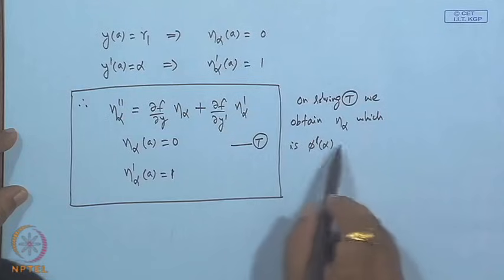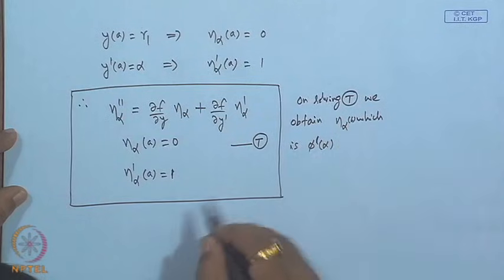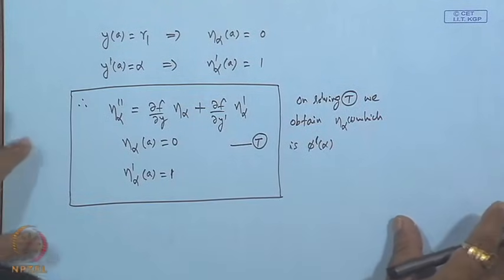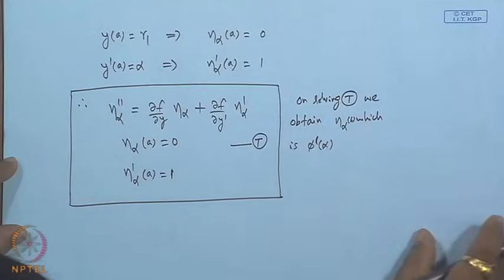Of course, with B, right. So, this gives a big tool to compute phi dash of alpha.